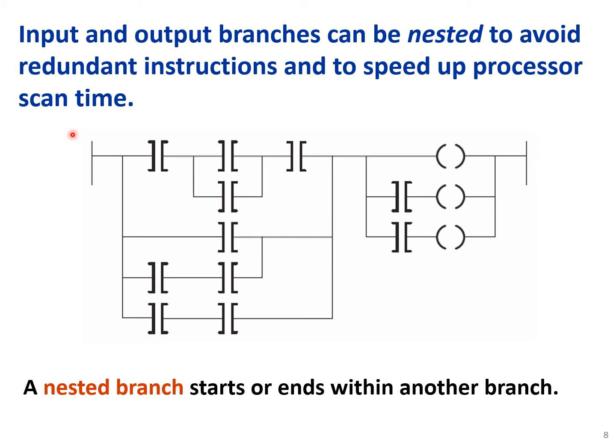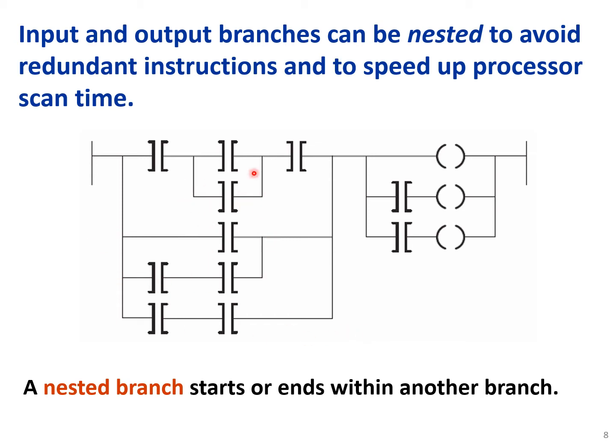Input and output branches can be nested to avoid redundant instructions and to speed up process scan time. So here we have a nested branch. This is the main drawing. We have three main branches here, and we have nested branches.